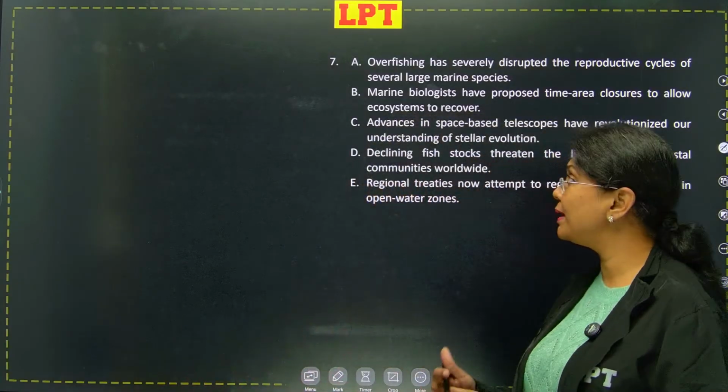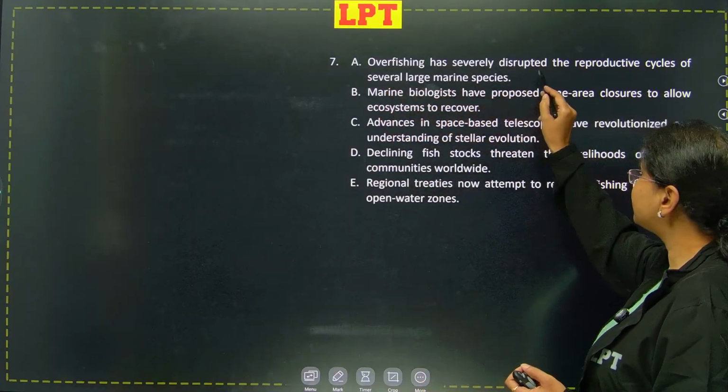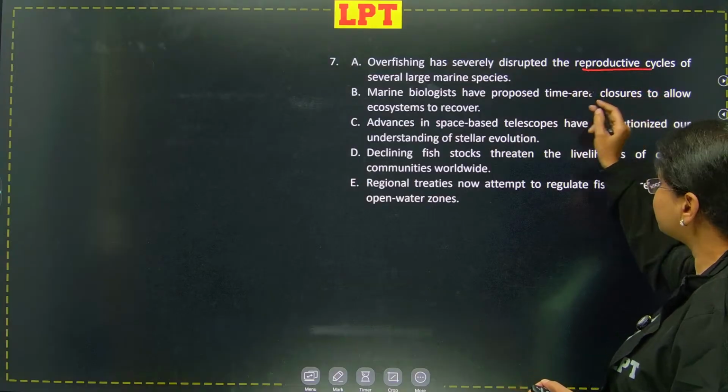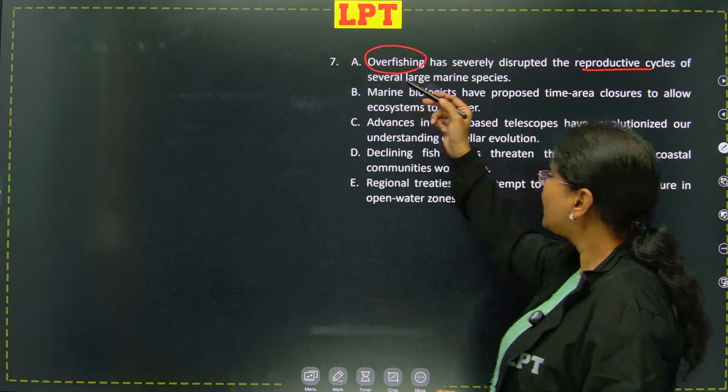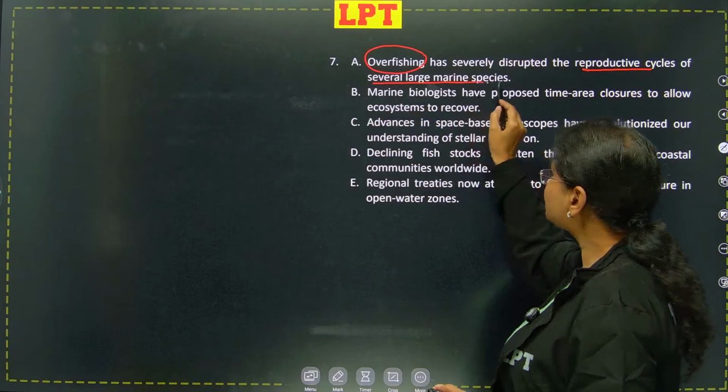The performer remains the same. It says overfishing has severely disrupted the reproductive cycles of several large marine species.